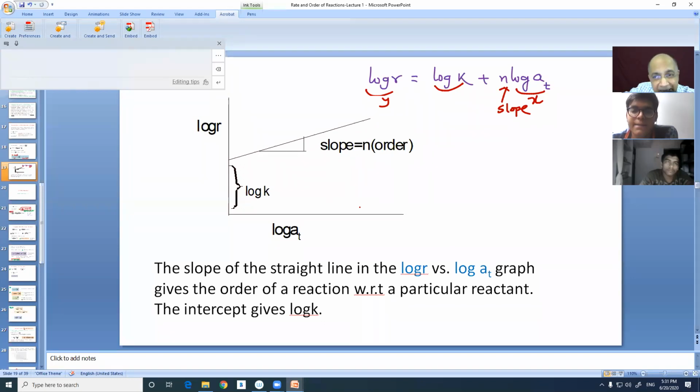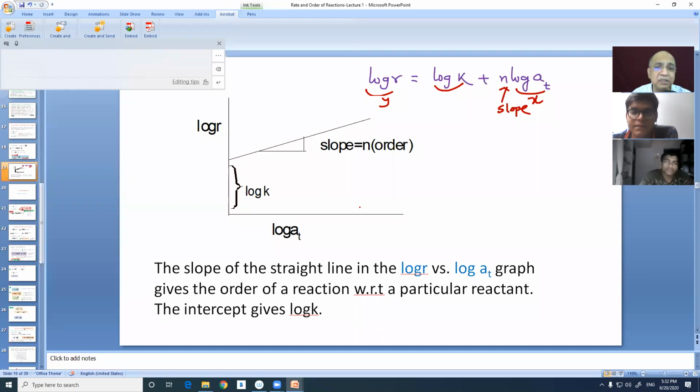First, the rates at different intervals, minimum 10 different rates are taken, and its log R. Then the corresponding AT, reactant concentration, its corresponding log AT. Then draw a graph between log R and log AT. You will definitely get a straight line, and the slope of that straight line will give you the order.